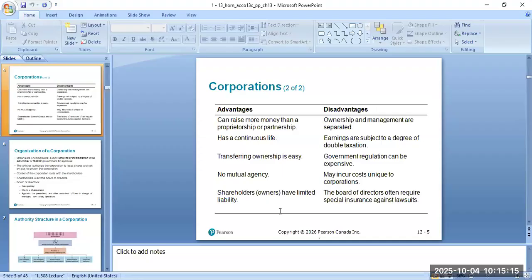I want you to know this. If in Canada the corporation owes payroll and owes money to the government, then for the payroll and for the government liability, the owners are personally responsible.